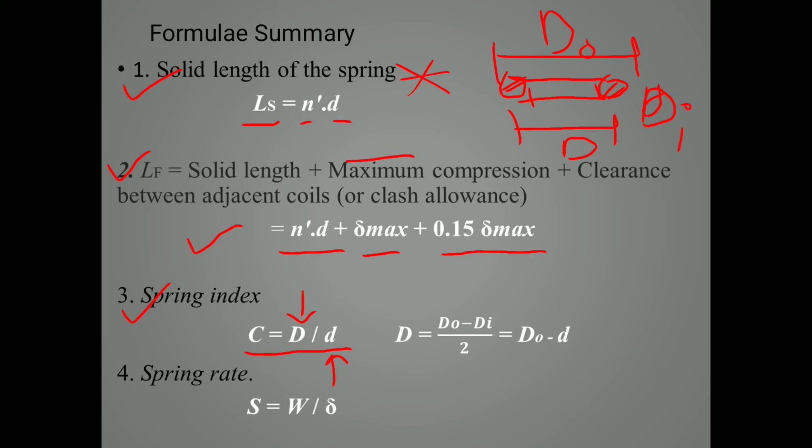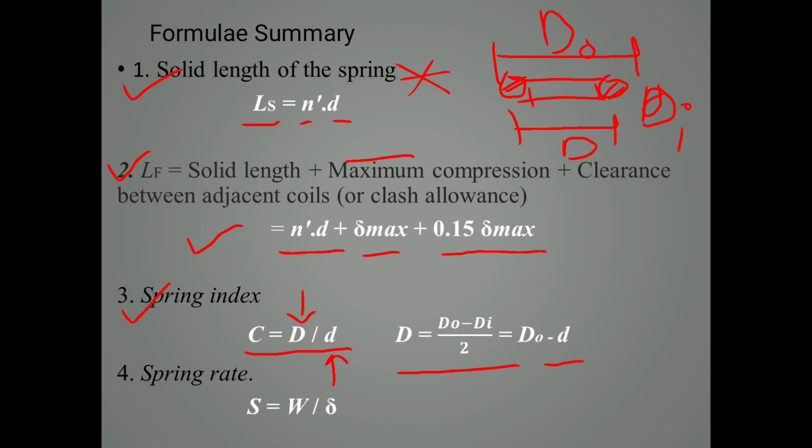So the mean diameter D is equal to (Do plus Di) by 2. Then also you can calculate it as Do minus wire diameter.